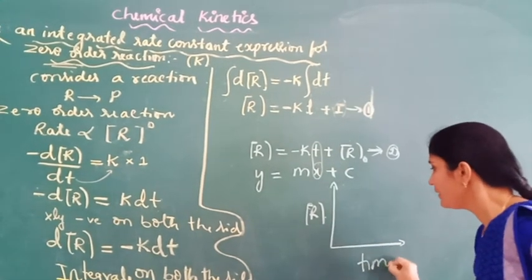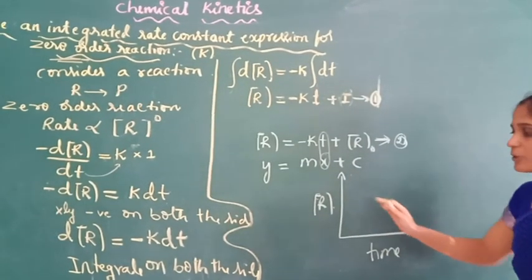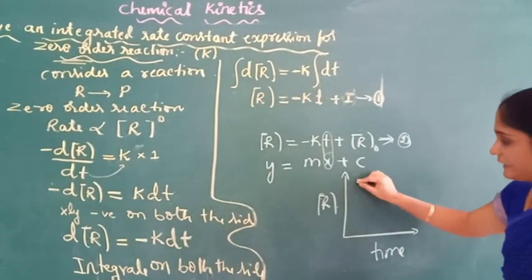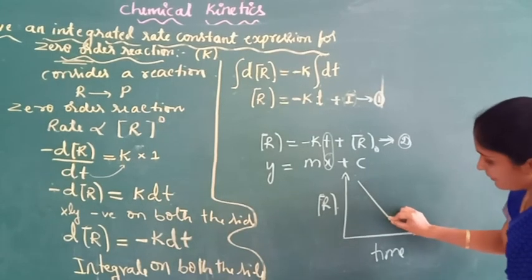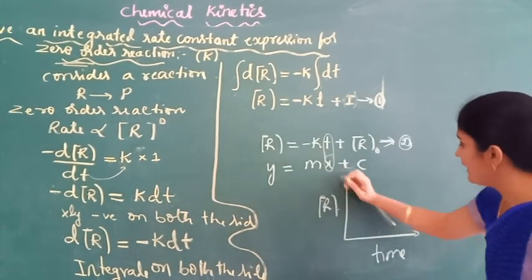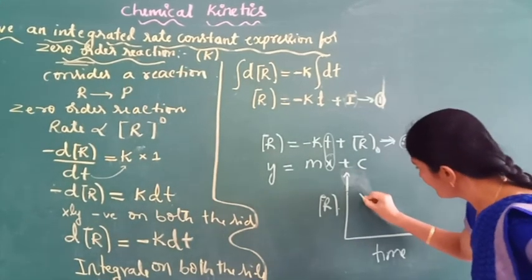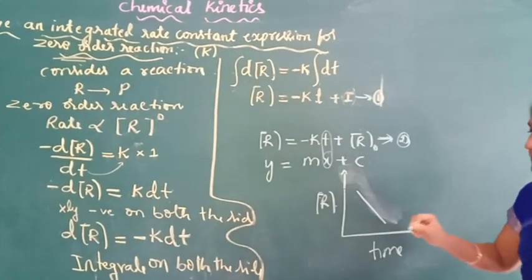So if we plot concentration versus time, as the time increases, concentration of the reactant decreases. Therefore, we get a straight line like this.